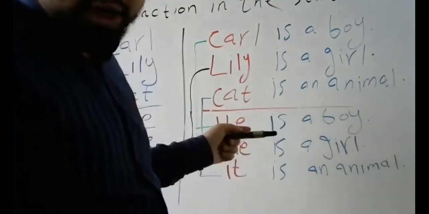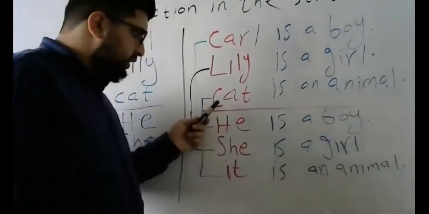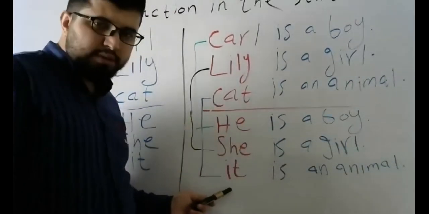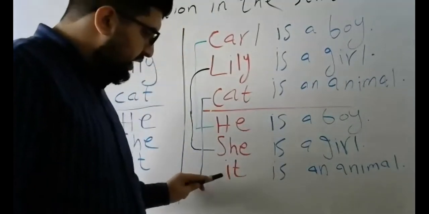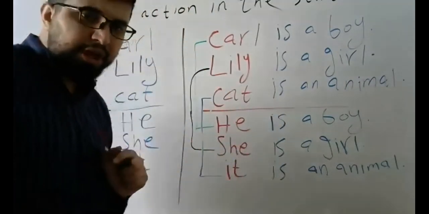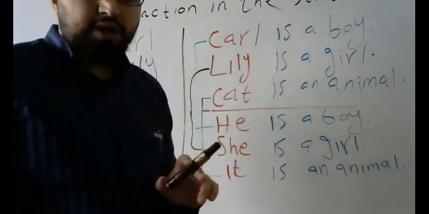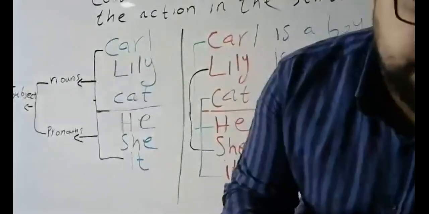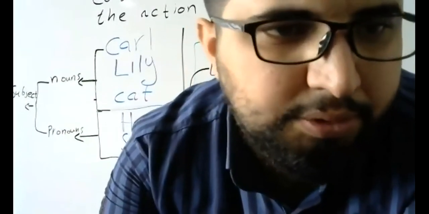Don't write it down, okay? You have to just listen. Instead of saying cat, we can say it is an animal, okay? It is a lovely animal, okay? Now you understood that, okay? So, I hope you understood. Let's pause the recording.